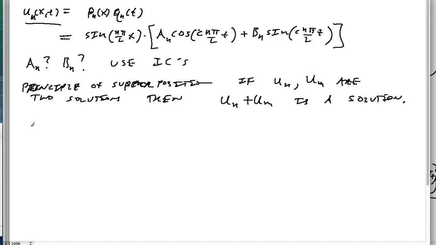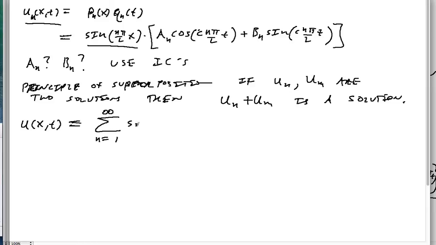And so a whole solution can always be a linear combination of all of these solutions, in which case we have the sum from n equals 1 to infinity, because we're dealing with a spatial sine term, so n equals 0 doesn't matter at all.